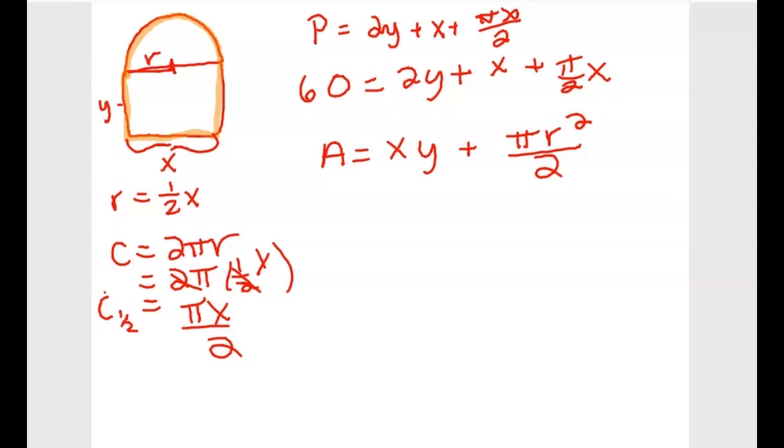My r is equal to 1/2 x, so instead of r squared, it's 1/2 x squared. That still leaves me with x and y. So you're going to use the perimeter to solve, and I'm solving for y, which is going to be a lot easier than solving for x.